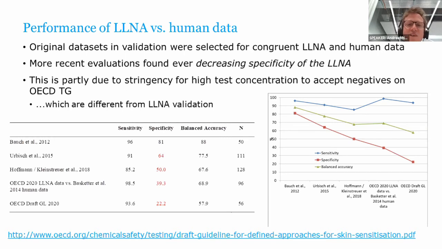And one of the reasons is how the LLNA is interpreted in the guideline. And the other reason is that these initial studies on these 50 chemicals were chemicals which were really selected to have congruent LLNA and human data, because we wanted a good weight of evidence of the reference data to validate in vitro assays against.